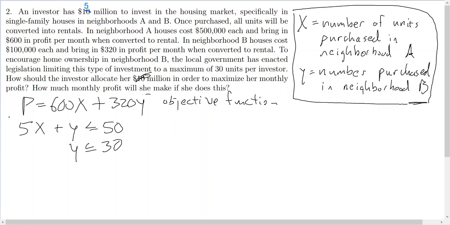And then finally, because you cannot purchase negative housing units, we have our non-negativity constraints. So we have our inequality constraints together with our non-negativity constraints, and those are just called the constraints, and we have our objective. So we're ready to start working.